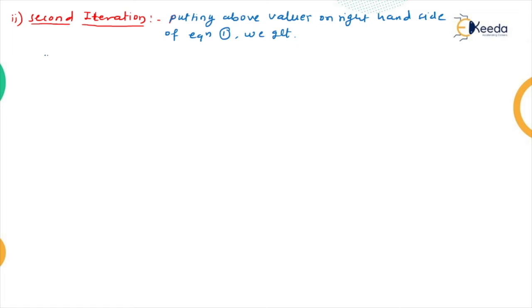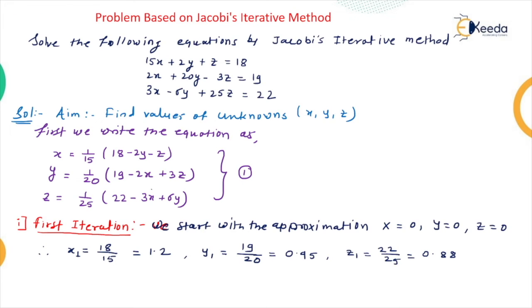therefore x2 is equal to, for the second iteration the value of x is x2. x2 is 1 divided by 15 of 18 minus 2 into y minus z, but you have to use the recent values of y and z here.